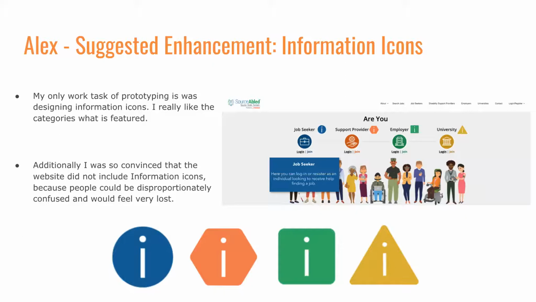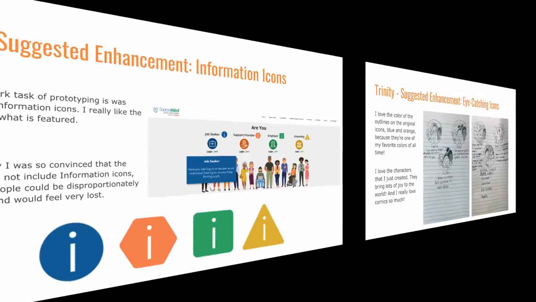It's true that when I was looking at the website, I didn't see any information icons. The only thing I clearly saw for the website is just the about icon, but it didn't seem like there was any type of information icons.